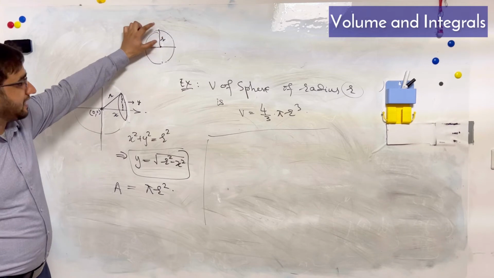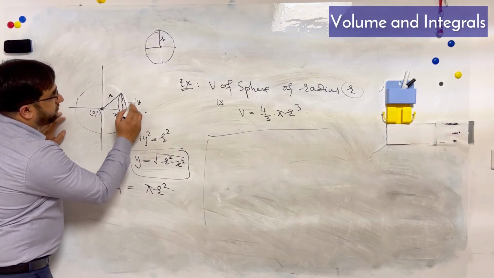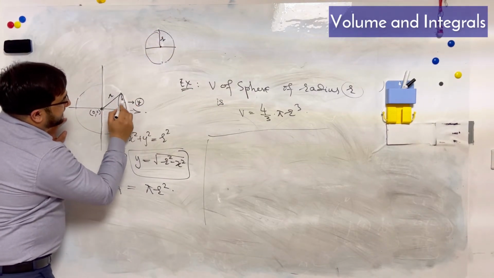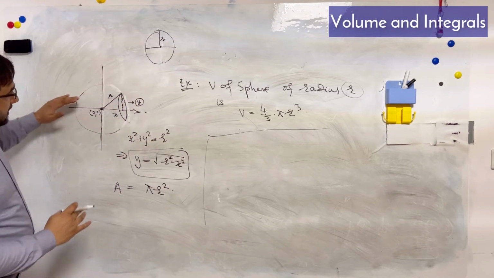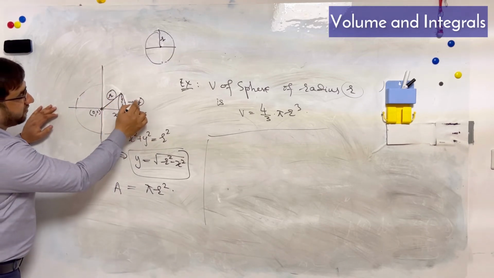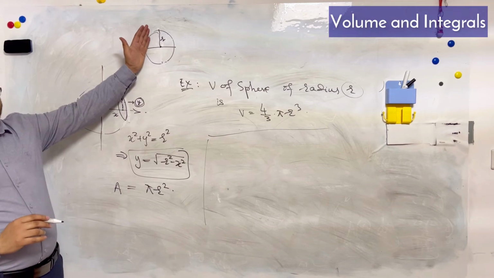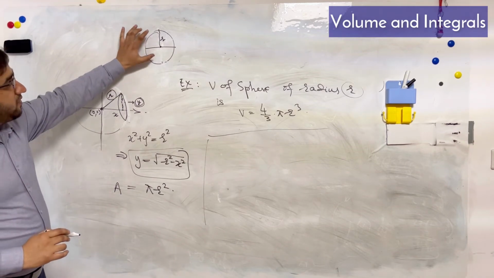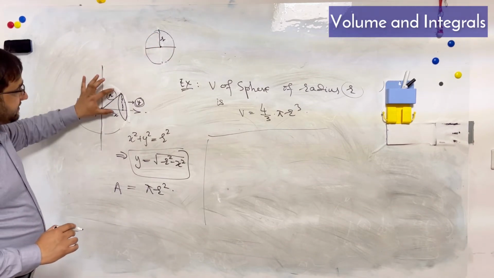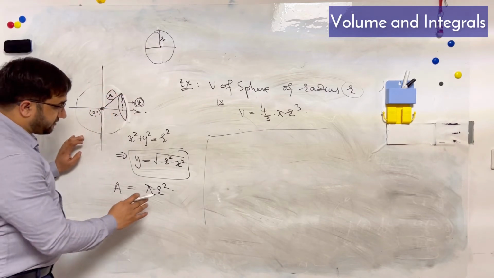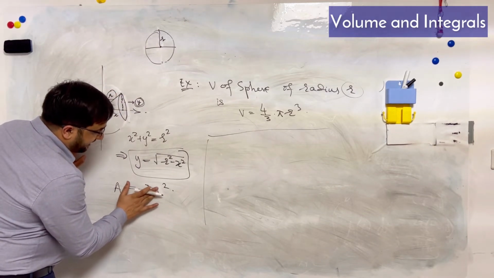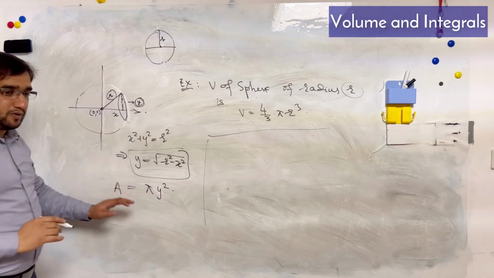So this radius is r. In the case of the ball, the radius was here and this was y. But in the case of the one small CD, now the height is equal to the radius. So actually my r is equal to y now.